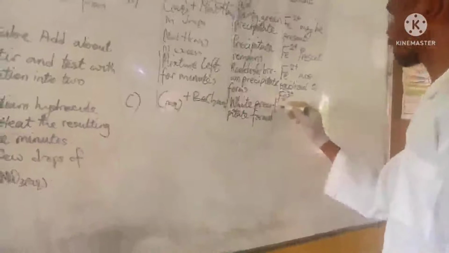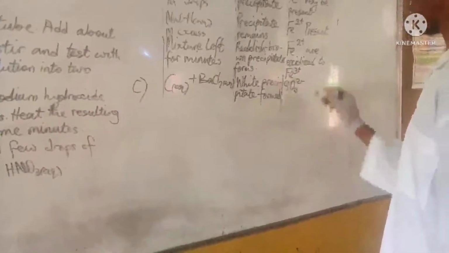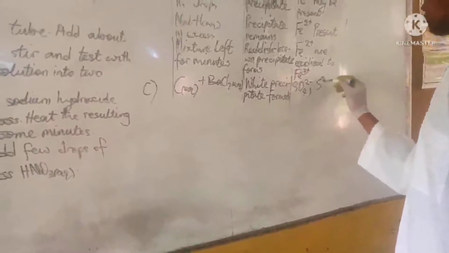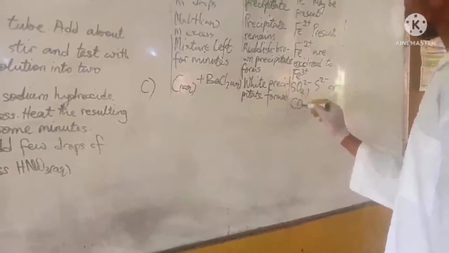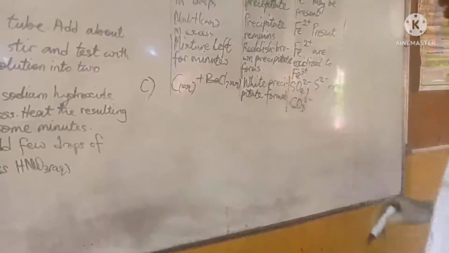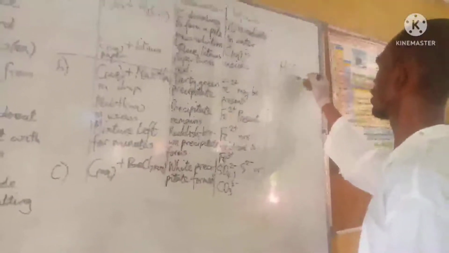So you suspect tetraoxosulfate(VI) ions, sulfite ions, and trioxocarbonate(IV) ions. So you write it this way. Make sure you don't suspect HCl, because this one never forms a precipitate.